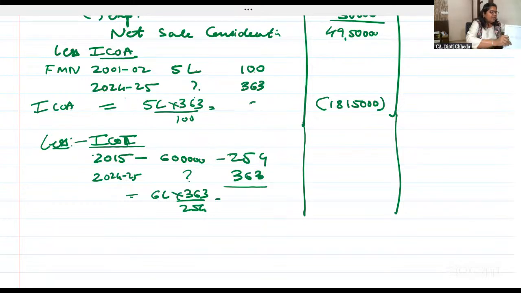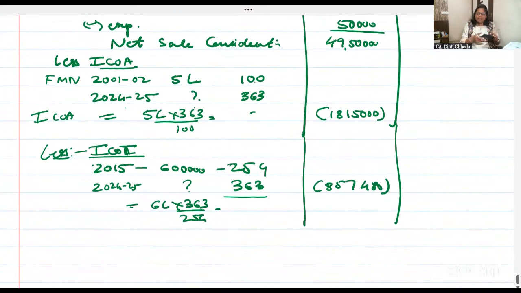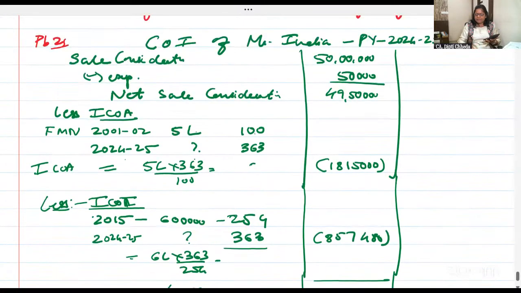So what's the index cost coming to of improvement? 857 480. Okay, anyone is having doubt? Cost I have not taken for the previous owner because it was in 1999. So we took this. And now we will get long-term capital gain.